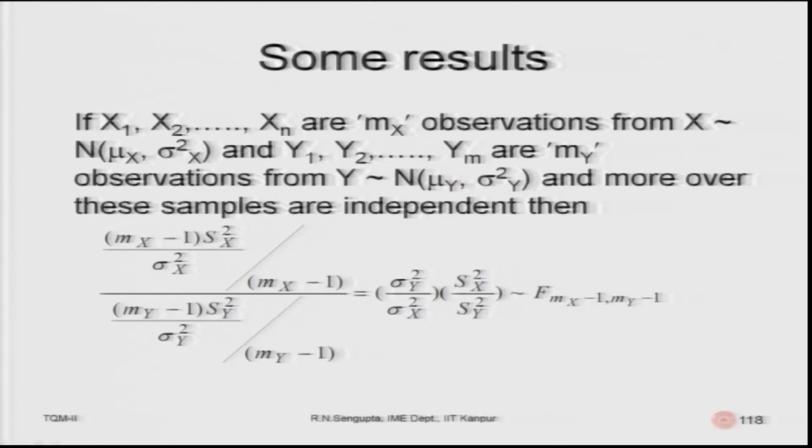So, if x1 to xm are m observations from a normal distribution with mu and sigma square as the mean and variance, and y1 to yn are another normal sample with mu and sigma square with the corresponding suffix, then you can find that the ratio of the corresponding distributions would be an F distribution.